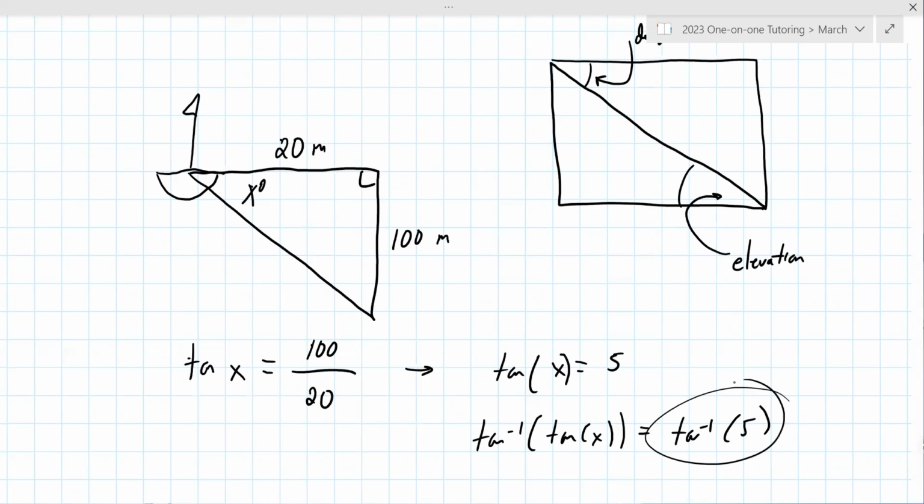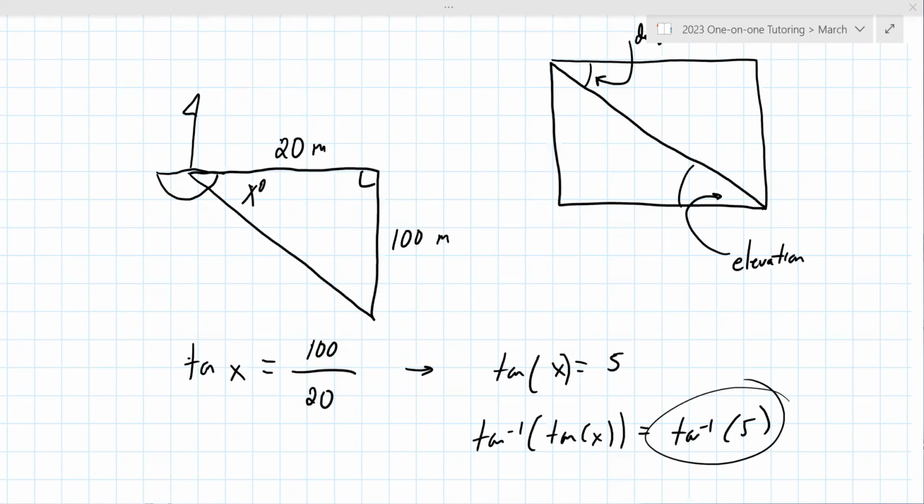I don't think I've typed this in right. Are you using Desmos or your handheld calculator today? I'm using Desmos again. Okay, so make sure you choose function and get the tan inverse of 5. Put 5 in parentheses.